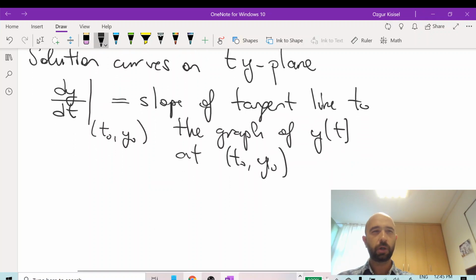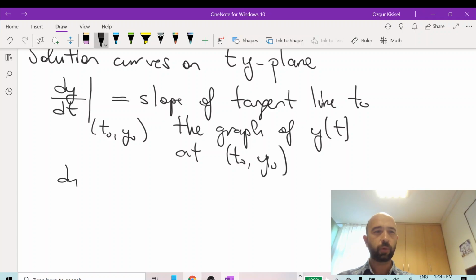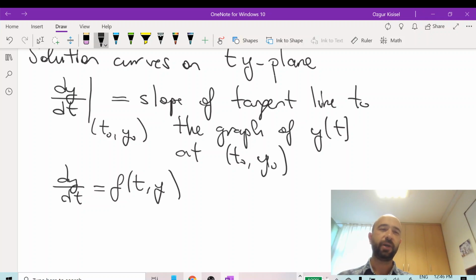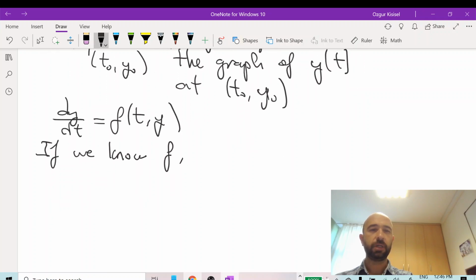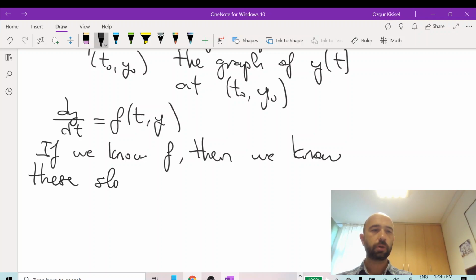Now, let's think about our problem once more. dy/dt equals f(t,y). So you are given f and you want to find y. So if you are given f, then you know all these slopes, and you know these slopes at all points. So if we know f, then this means we know these slopes at all points.